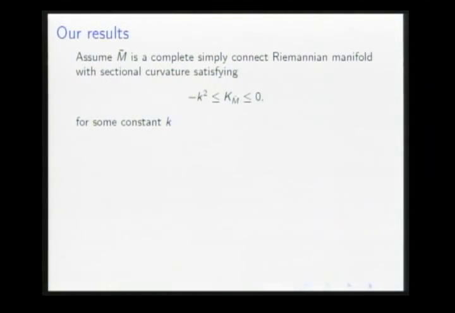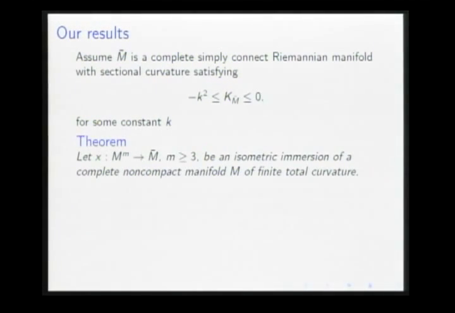Okay, now I'd like to state our results. First of all, we consider the ambient space quite general, as a complete simply connected Riemannian manifold with sectional curvature satisfying this inequality, where K is a constant. And so we consider a complete non-compact submanifold of finite total curvature.